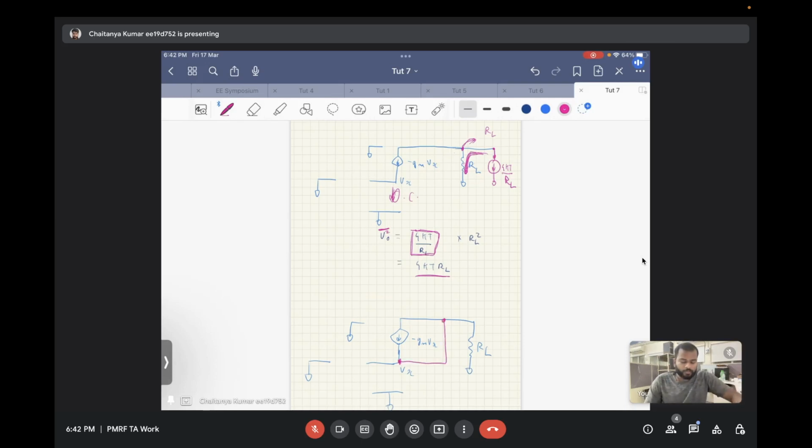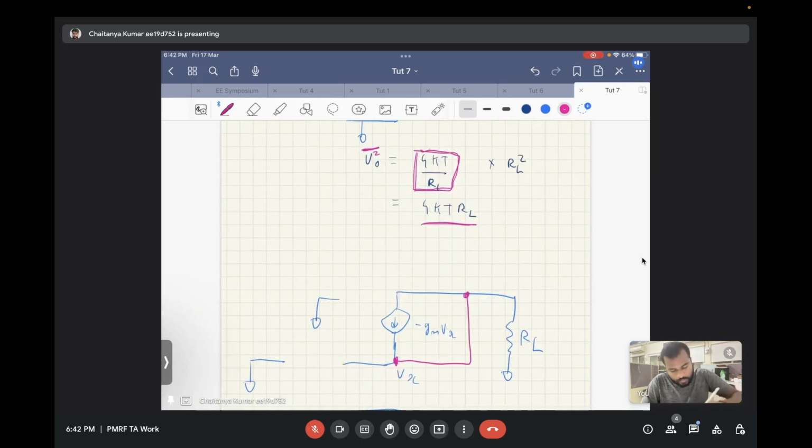So noise from cascode will be in parallel to this voltage controlled current source. And what will it be? Its value will be 4kT eta times Gm.